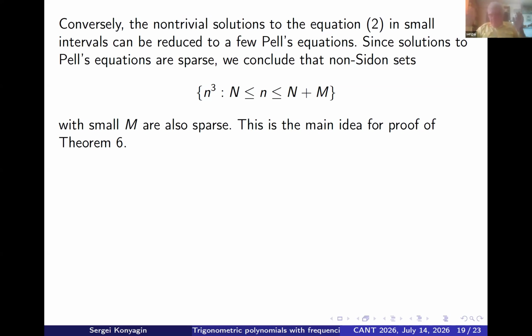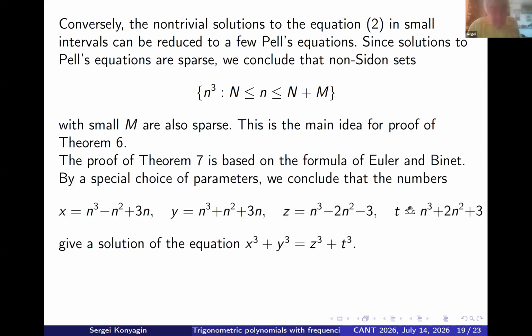But we know that the solutions of any Pell equation are sparse, and so the number of n for which this set is not a Sidon set is also sparse. So this is an argument to prove theorem 6.